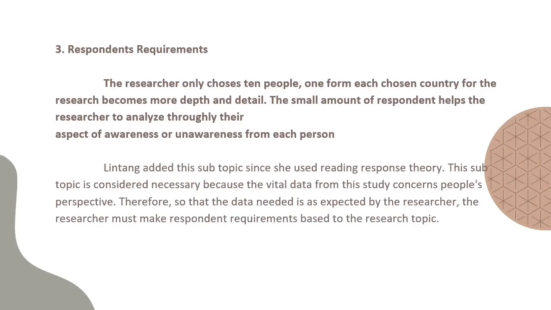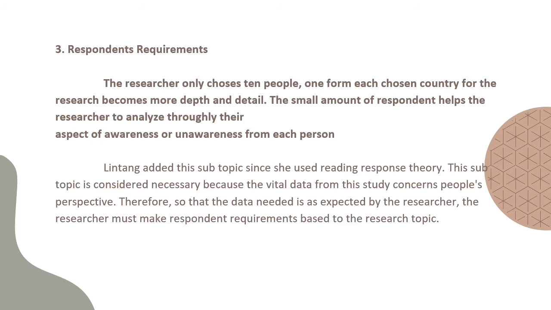The next subchapter is respondent requirements. The researcher only chooses 10 people, one from each chosen country, so the research becomes more in-depth and detailed. The small number of respondents helps the researcher to analyze each person's awareness or unawareness.